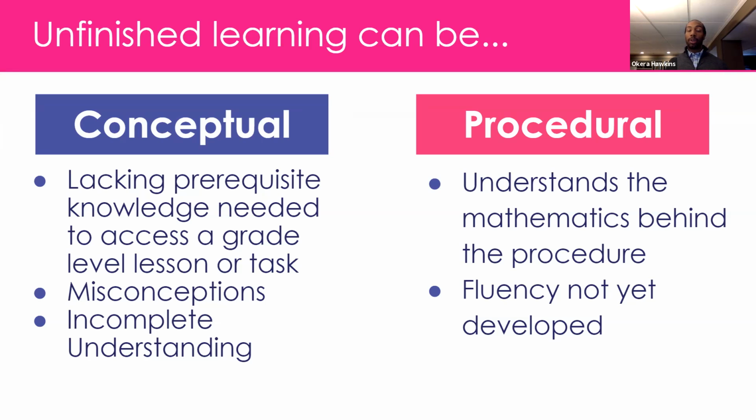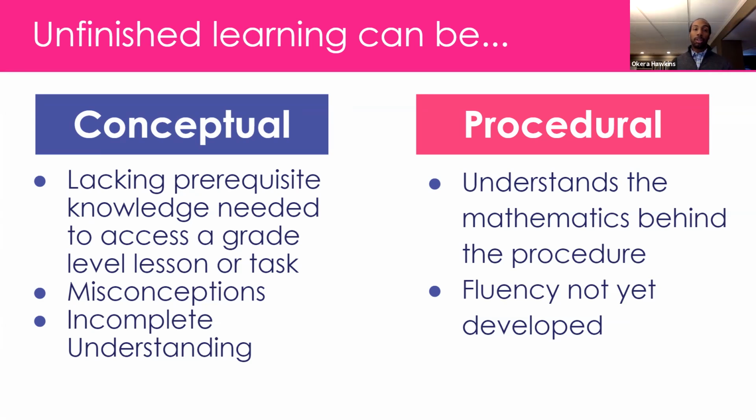So just like what we've talked about, that just-in-time support, if you identify that grade level learning and you know a student doesn't have that prerequisite skill, then you provide them access to the prerequisite skill prior to giving them access to the grade level learning. So in this case, conceptual unfinished learning has to be addressed prior to giving students access to grade level learning.